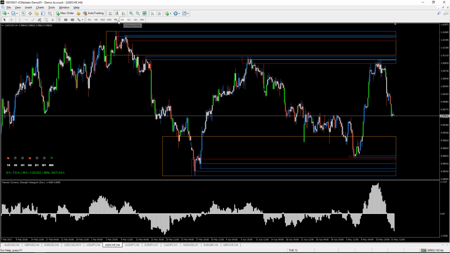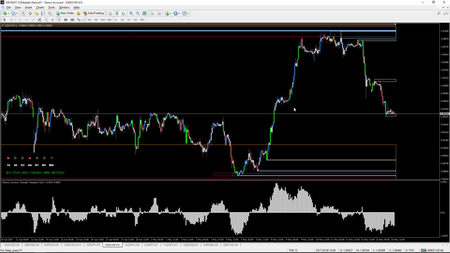If you go down to the smaller time frames, we can't see it on the 4-hour, but on the hourly you can see that here we had this big push in price. We formed a high in the histogram, so this supports it. Then we had an even higher push in price, a higher high here, but this was not supported in the histogram.